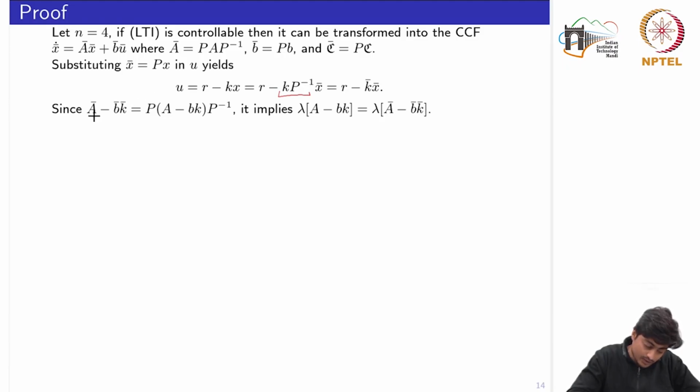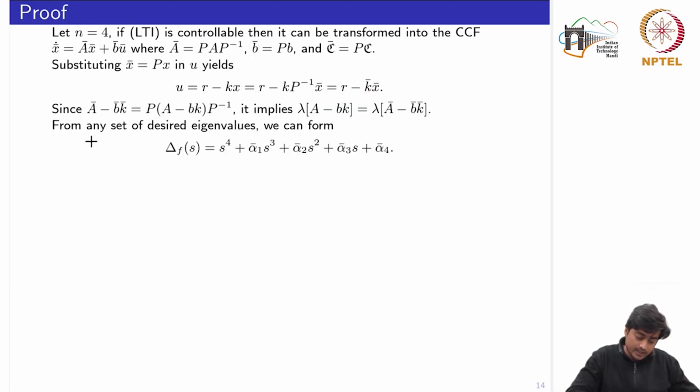So if I substitute all these into this, we would obtain P times (A minus BK) times P inverse, which implies that the eigenvalues of this matrix would definitely be equal to the eigenvalues of this one, because P is nothing but a transformation matrix and both the matrices are related by this transformation under P. So lambda denotes the eigenvalues, and the eigenvalues of this matrix would be equal to the eigenvalues of this matrix.